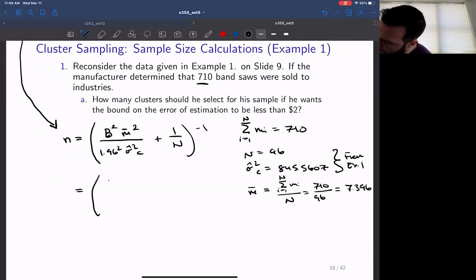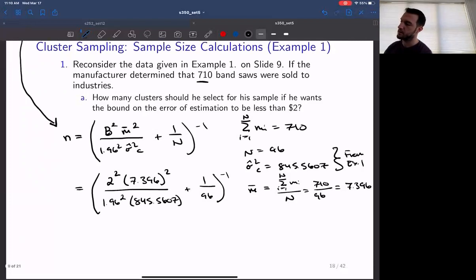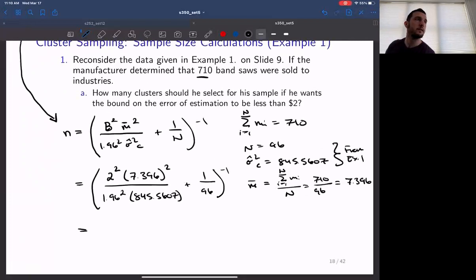So we have 2 squared multiplied by 7.396 squared divided by 1.96 squared multiplied by 845.5607 plus 1 over 96, to the negative 1. This gives us roughly 12.858.